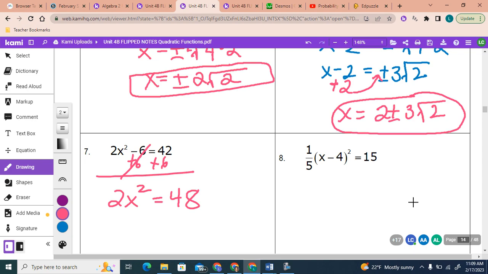Okay. I hope I haven't used up all your brain power because let's look at 8. What do we do with 8? Okay. Juan, I think you just misspoke, but I like what you're thinking. How do we get rid of a fraction?